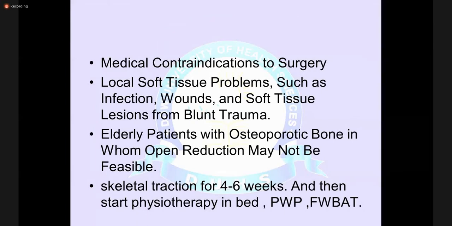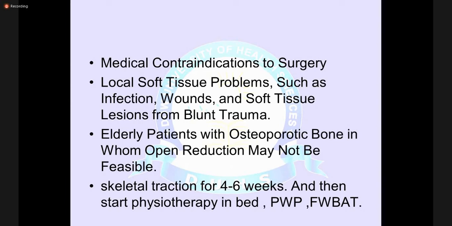If the patient is not medically fit for surgery, then it can also be treated with conservative means. Local soft tissue conditions like infection, wounds, and soft tissue lesions from blunt trauma can also be contraindications for open reduction and internal fixation.